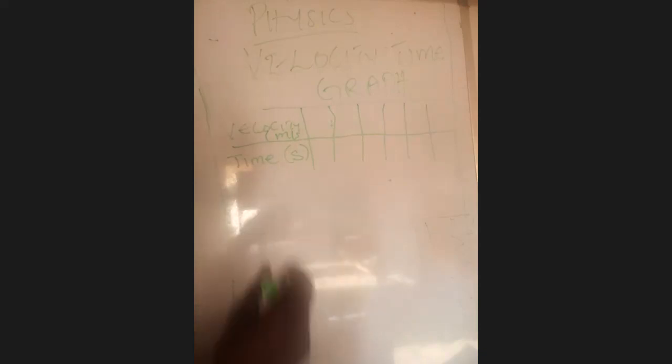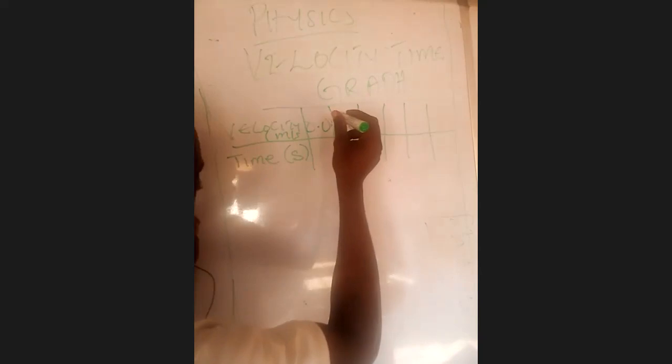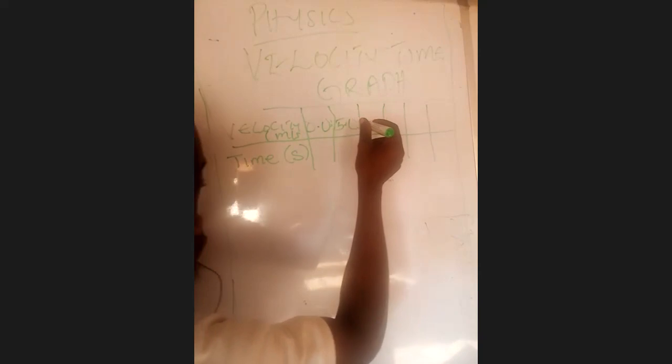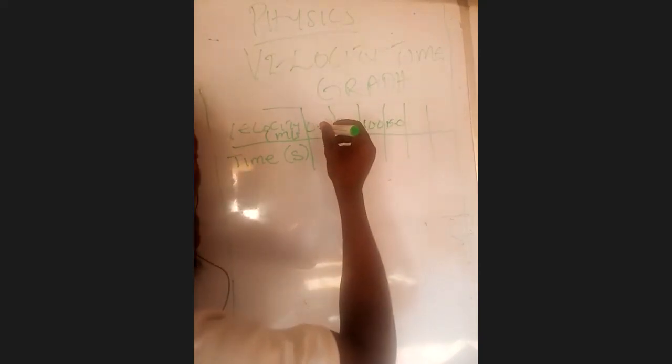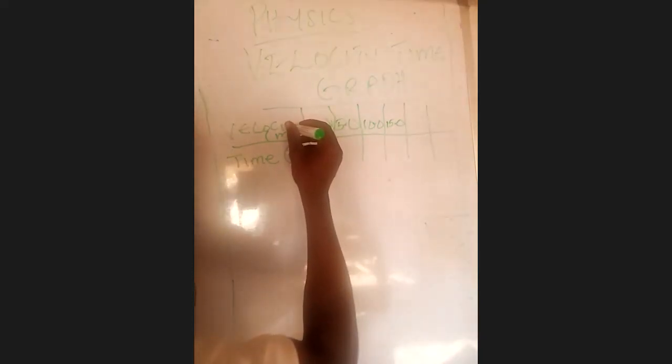So when the body is at rest we have 0.0, then 5.0, 10.0, 15.0, 7.5, and finally 0.0, because the body will definitely come to rest.